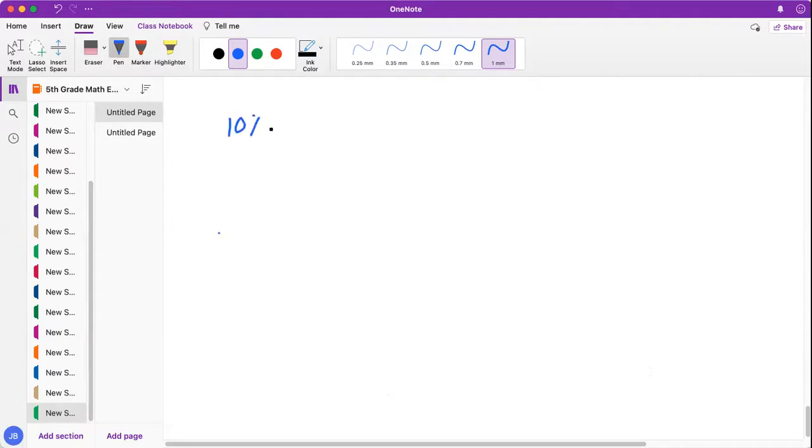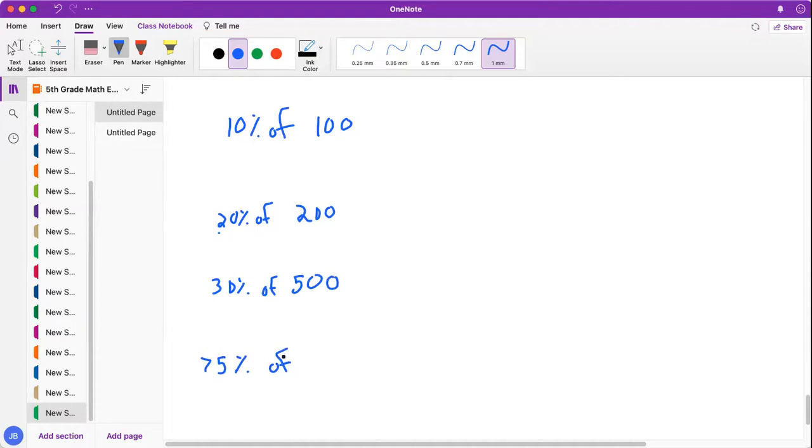We'll say 10% of 100, and we'll go 20% of 200. Let's try 30% of 500. Let's go 75% of 10.